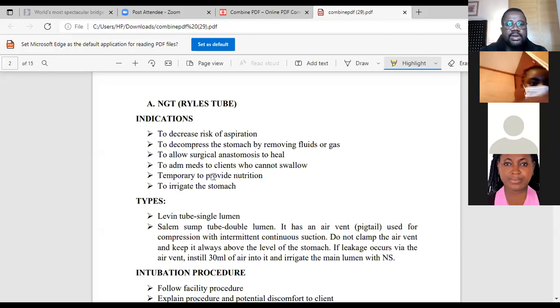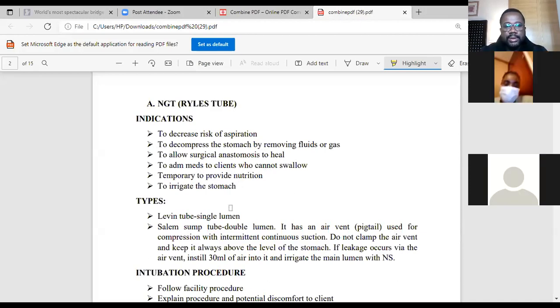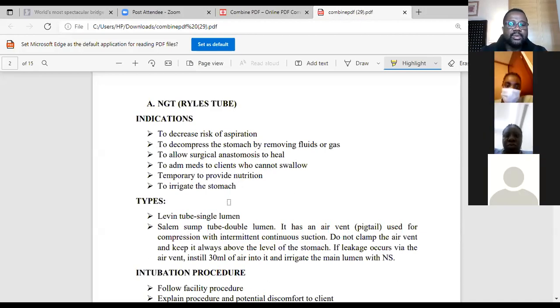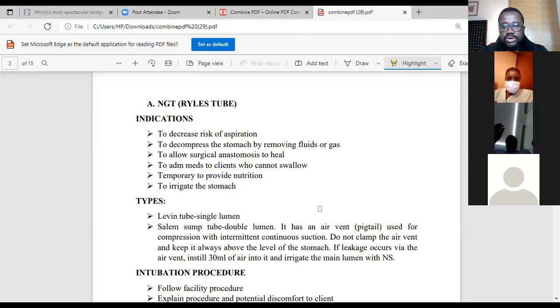It also allows the surgical anastomosis to heal. It's used to administer medication, especially for patients who cannot swallow. Maybe they have some upper GIT issues that they are unable to swallow, then we will have to pass an NG tube for them.